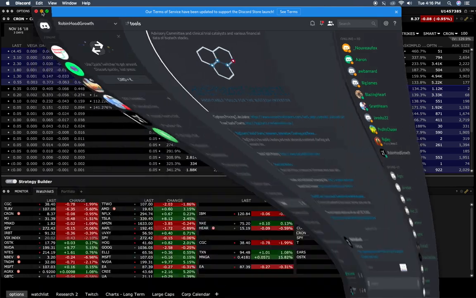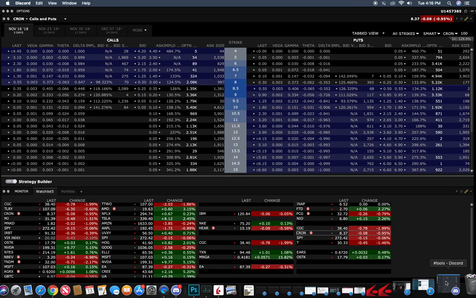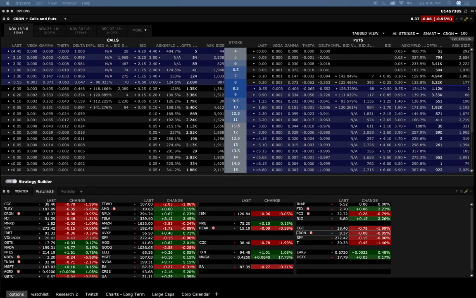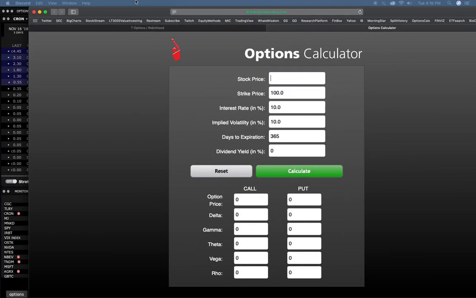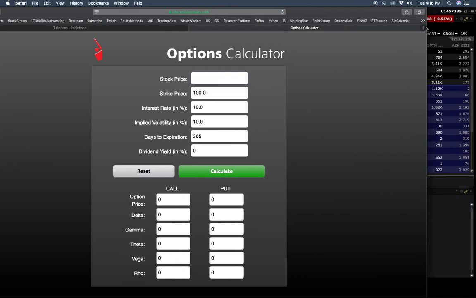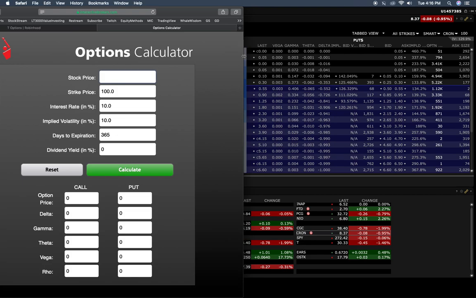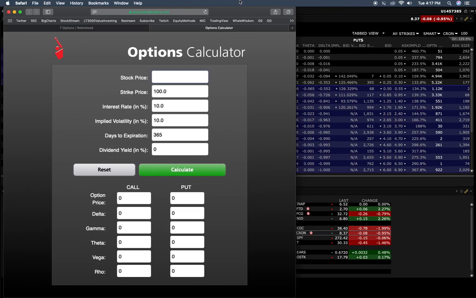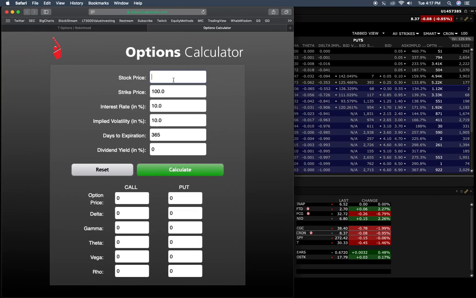Oh, we don't need this up anymore. Where's my Robinhood account? All right, we'll just use CRON. CRON. This is how you can tell if you're getting a good or bad deal trading options. So you should use this every time before you buy an option.